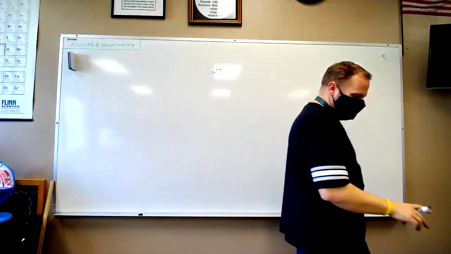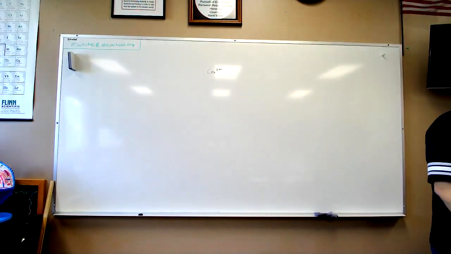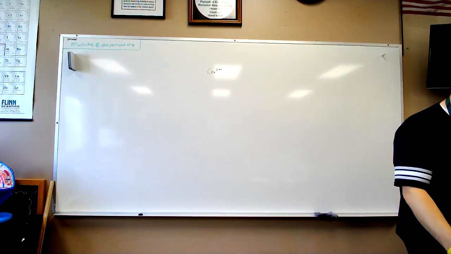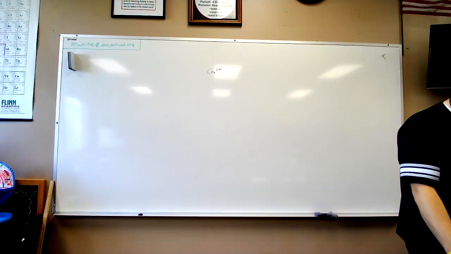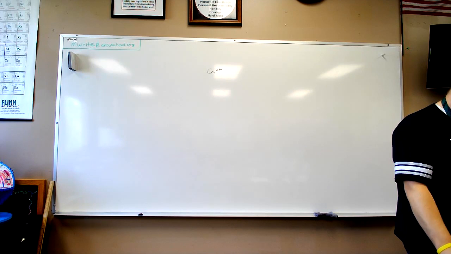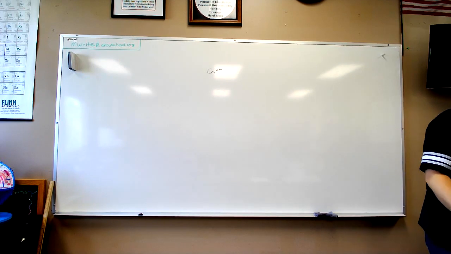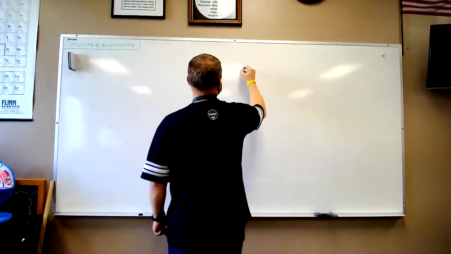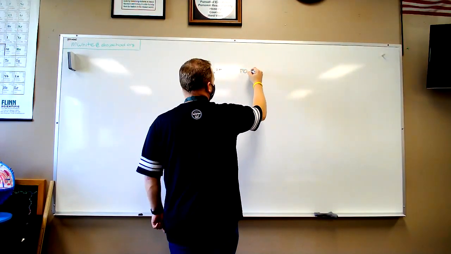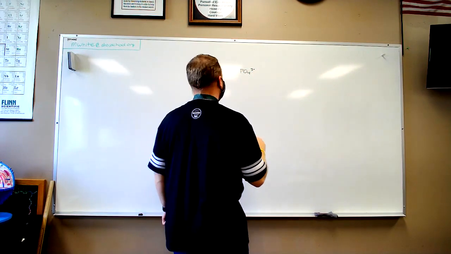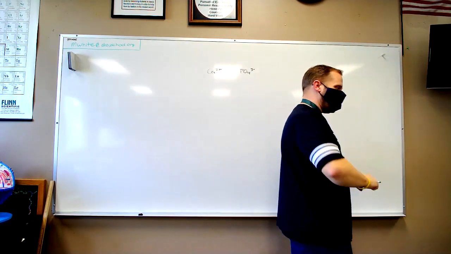Okay. And then we look at the table on page 221 and find phosphate. It is on the right-hand column, second from the bottom. And it's PO4 3-. Okay. So we have our two ions.